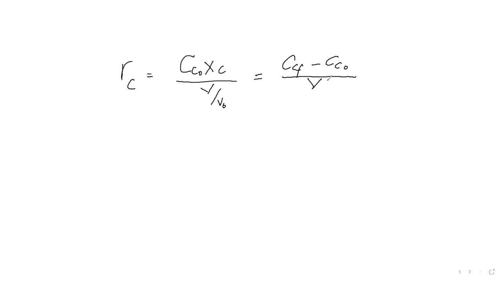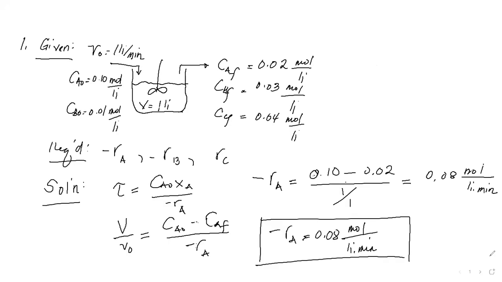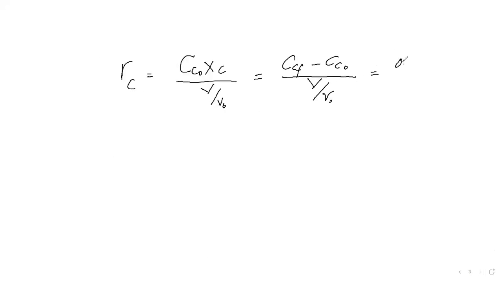But still you have the V over VO here. So final C sub C is 0.04. There's none initially present, and we have 1 over 1. Then we are correct in our assumption that C is really the product. So this is mole per liter per minute.